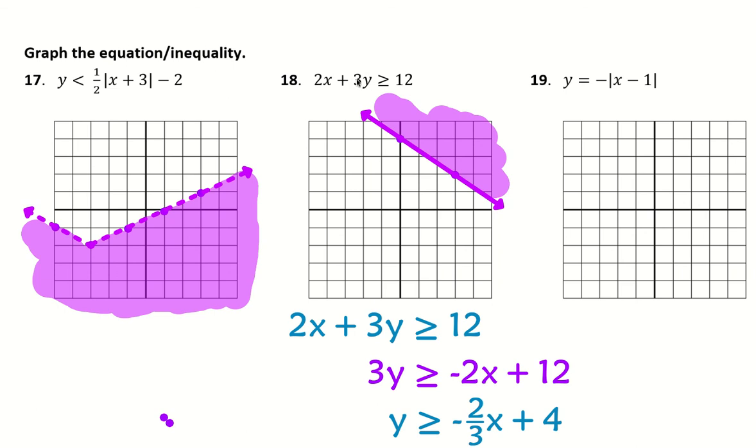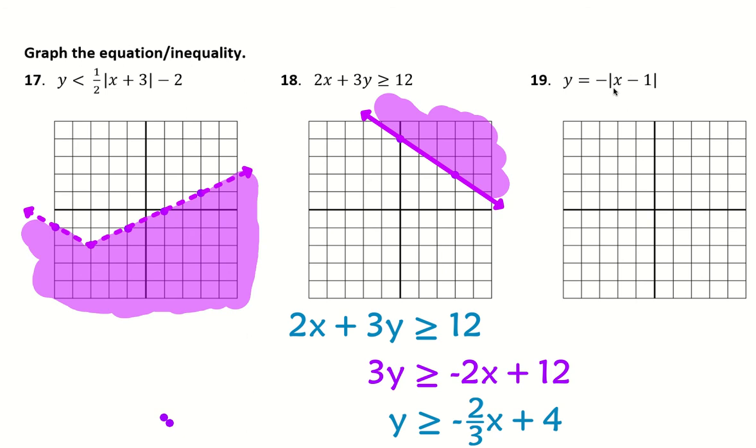If you plugged in 0 for x and 0 for y, this whole thing would be 0. Is 0 greater than or equal to 12? No, 0 is not greater than or equal to 12. And so this point is not a solution, so you would shade the other side.